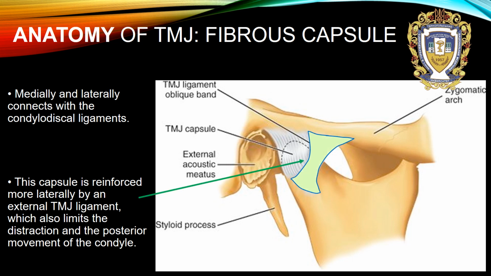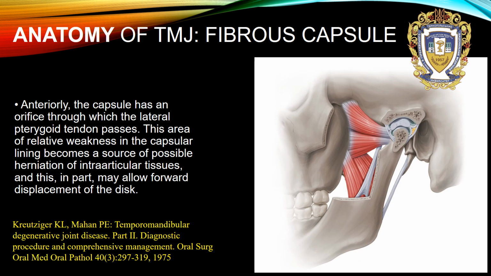This capsule is reinforced more laterally by an external temporomandibular joint ligament, which also limits the distraction and the posterior movement of the condyle. Anteriorly, the capsule has an orifice through which the lateral pterygoid tendon passes.